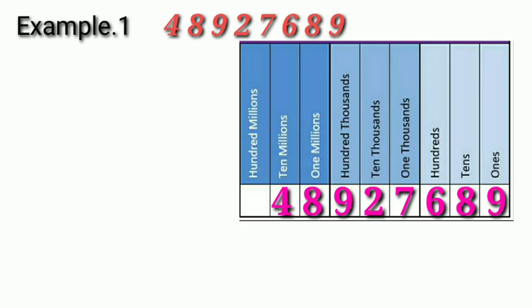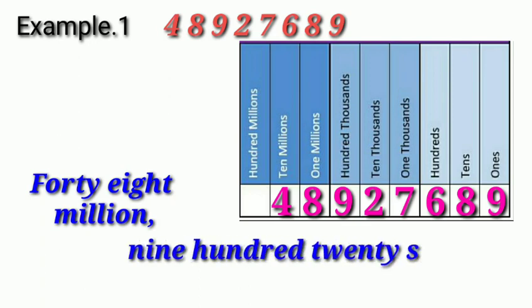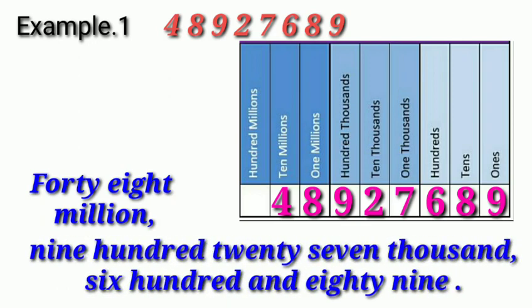And hundreds place 6, tens place 8 and ones place 9 are there. So what is the number name? Come on, say. 48 million 927,689.